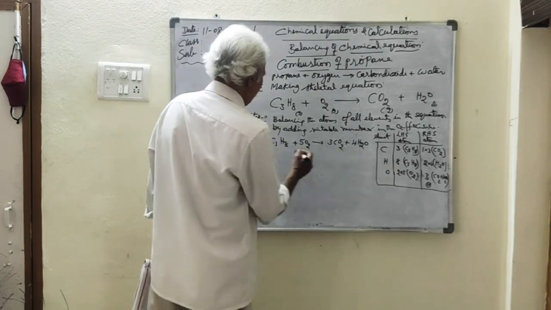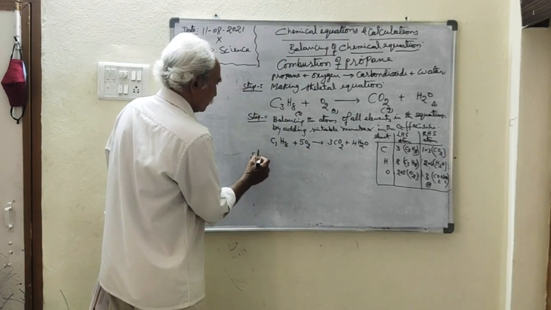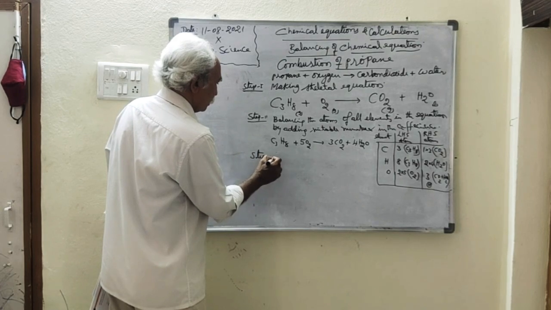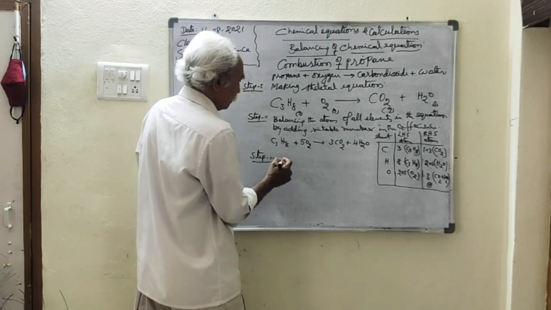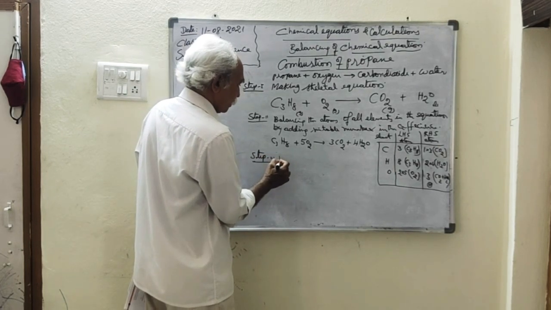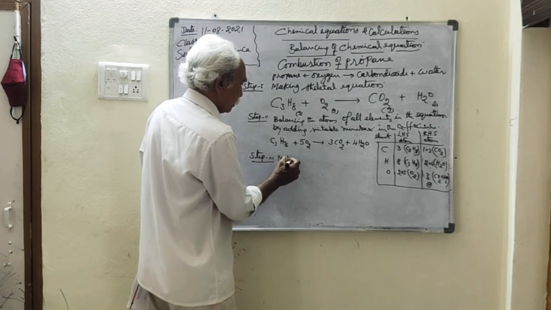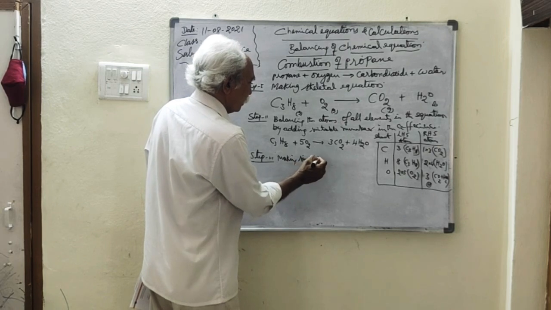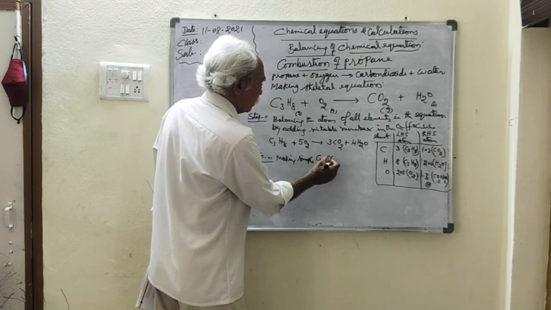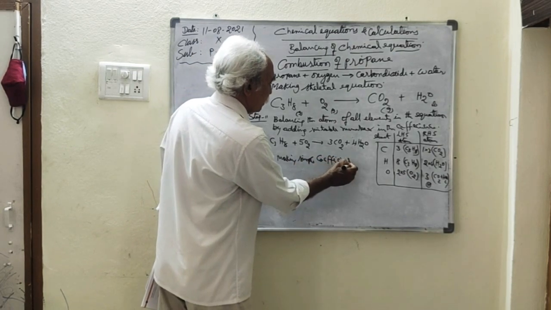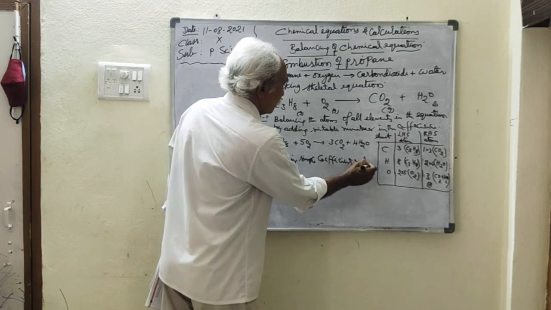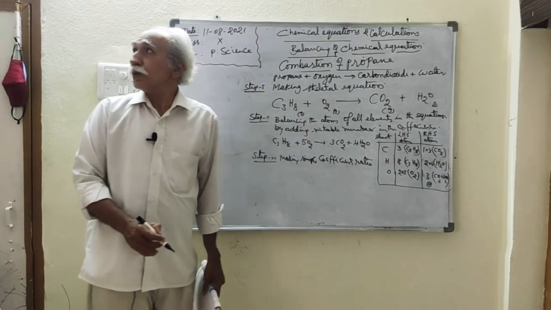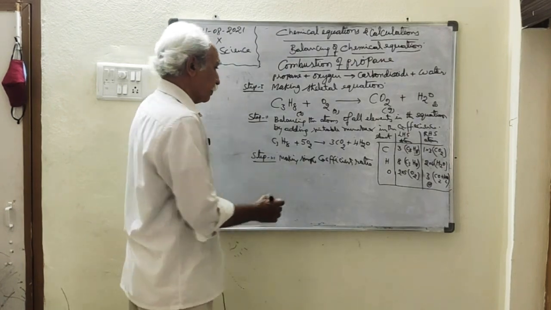Now here you find step number 3, making simple coefficient ratio. What is simple coefficient ratio?